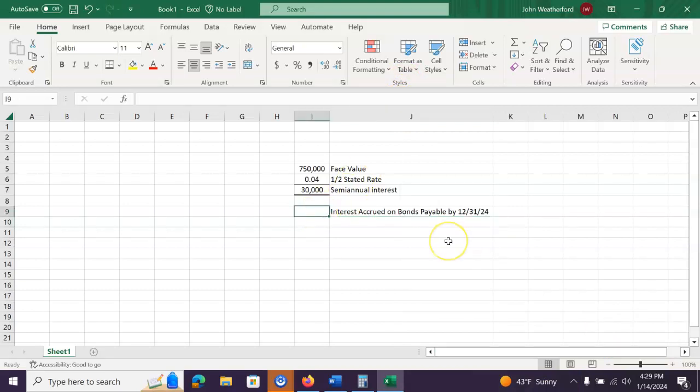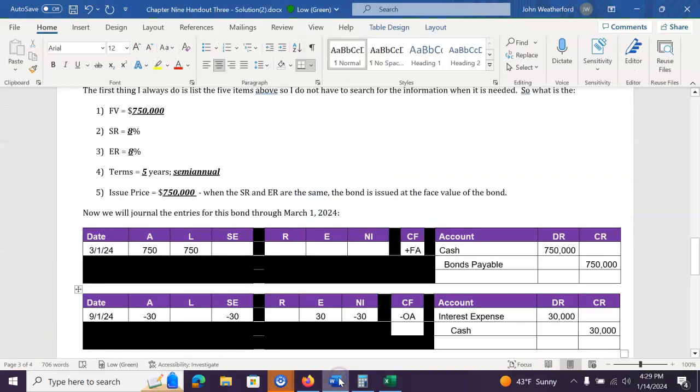Well, we'll take our 30,000 total interest for 6 months, and how many months of it have built up from the last interest payment date to the end of the year. Well, let's go back and look to make sure.